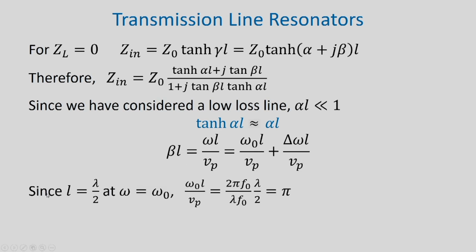Now, since we have L equal to lambda by 2 at omega equal to omega naught, this term omega naught L by V p becomes pi, because V p will be lambda into f naught, omega naught can be written as 2 pi f naught, and L is lambda by 2. So, we will have omega naught L by V p equal to pi.